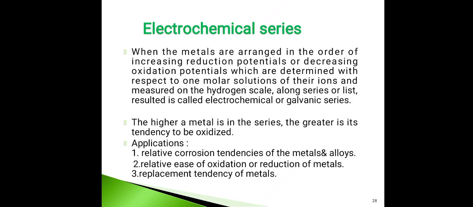When metals are arranged in the order of their increasing reduction potentials, or in the order of their decreasing oxidation potentials, determined with respect to a 1 molar solution of their ions and measured on the hydrogen scale, the resulting series is called the electrochemical series or galvanic series.